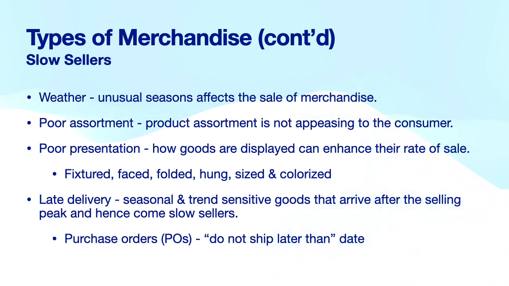Seasonal and trend sensitive goods have to arrive on time. Those that arrive after the selling peak become slow sellers. A way to combat that is that a lot of organizations will place a do not ship later than date along with their order. Basically on their purchase order, it will have a do not ship later than a particular date.